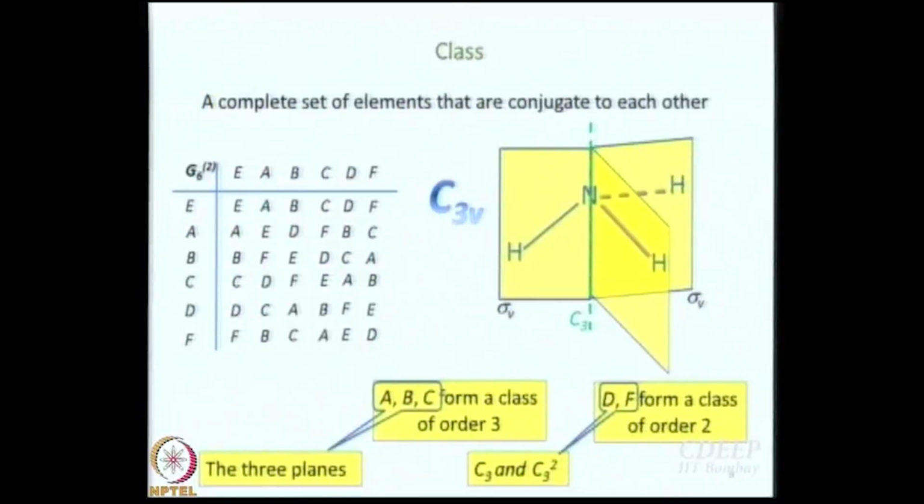Okay. So, earlier we had defined class in a little different manner. What did we say? What was the definition of class that we used earlier? Class of symmetry operations. When do symmetry operations belong to the same class? Yeah?